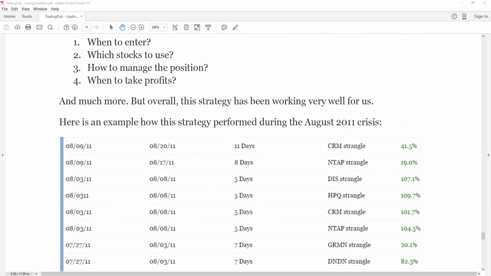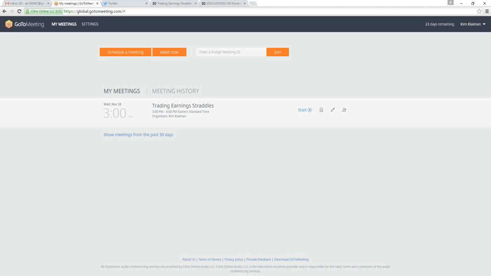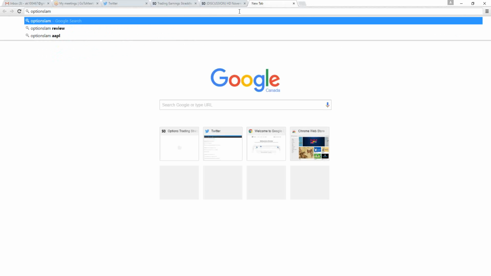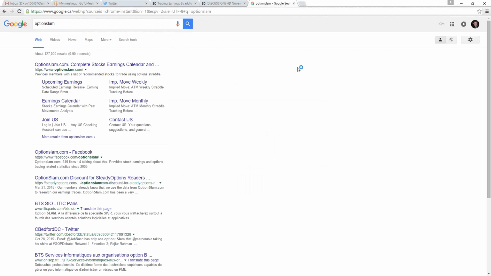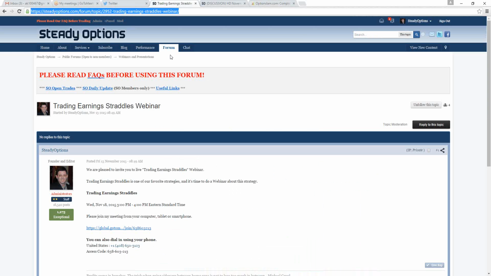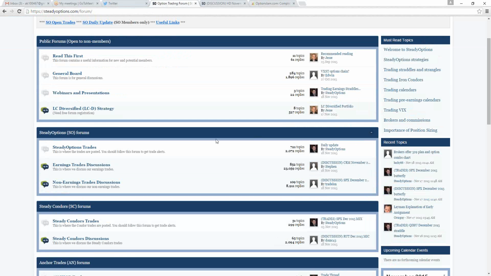Yes, I do use OptionSlam, and we can actually take an example. Okay, so we can see basically an example of some of the upcoming earnings. Let's see.